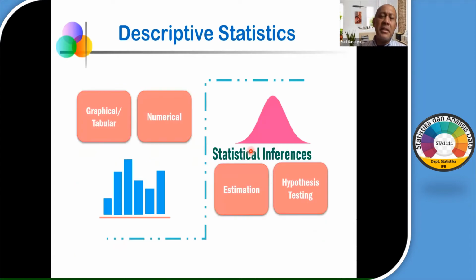Yeah, this is still description. This is some other descriptive statistic. For example, this one, graphical with tabular. You will learn about when you will use this table. For example, this graph has to be used if your data is numerical.